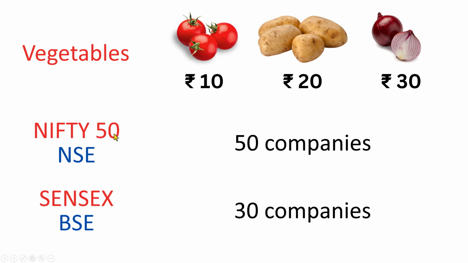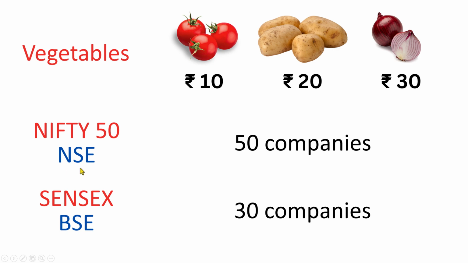In the same way, Nifty 50 tracks the prices of 50 companies from NSE, and Sensex tracks the prices of 30 companies from BSE. Correct? And you know that BSE has more than 5,000 companies listed under it, and NSE has more than 2,000 companies listed under it.